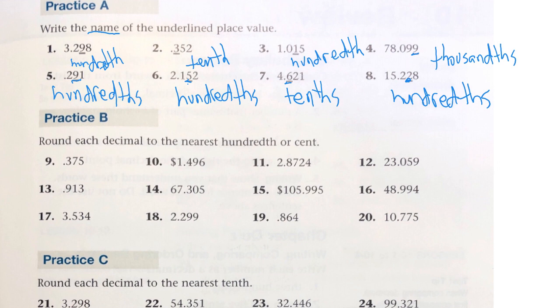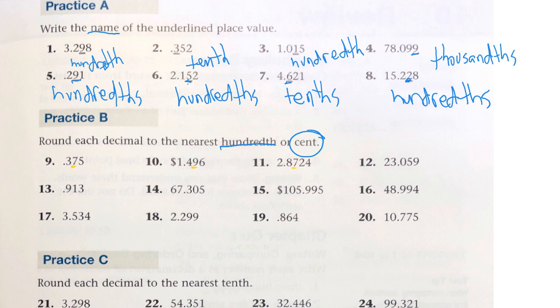round each decimal to the nearest hundredth place. Also the cent, same thing, which is the hundredth place. We can highlight those. So we are rounding to the hundredth place.